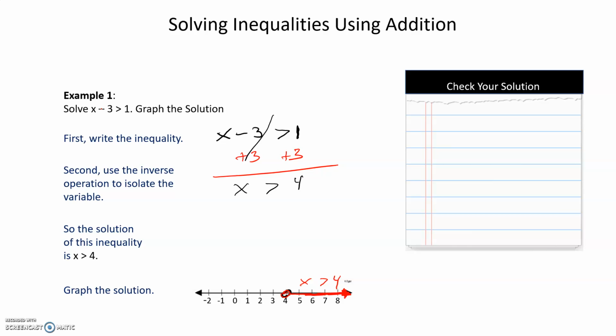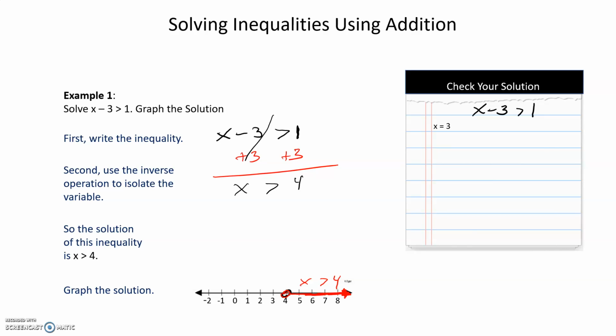My original inequality was x minus 3 is greater than 1. I'm going to plug in both values on both sides of my circle and see if the inequality is true.